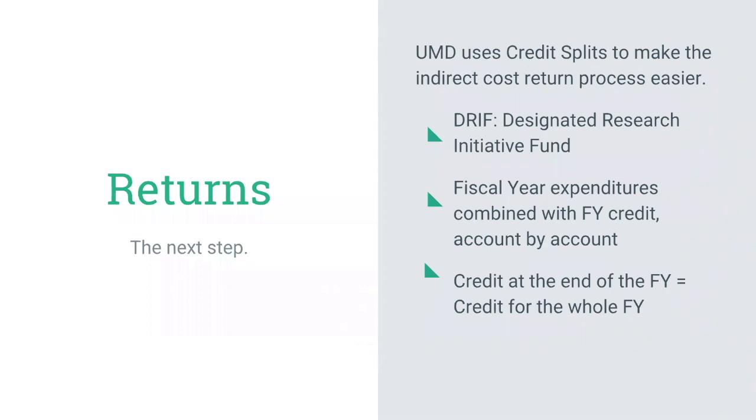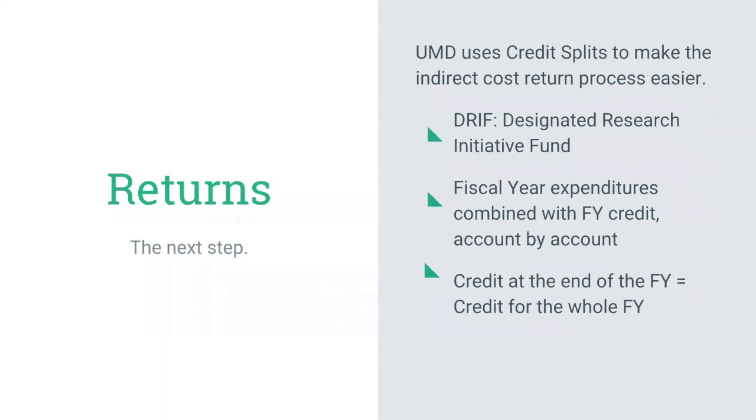And so what was determined as part of our process and what was communicated with the university was that the credit as it stood at the end of the fiscal year was what the credit would be applied for the entire fiscal year. So we decided not to break down and count days.